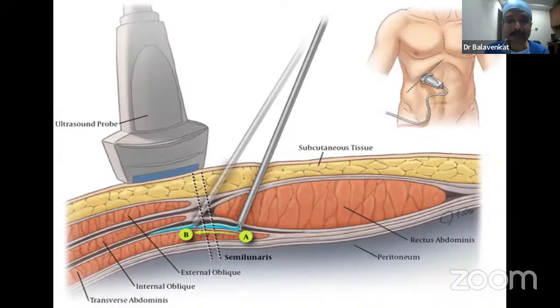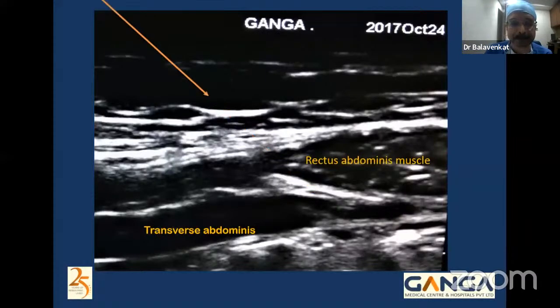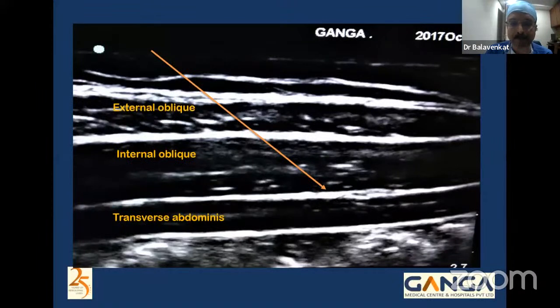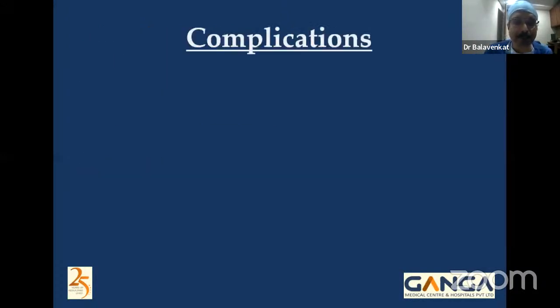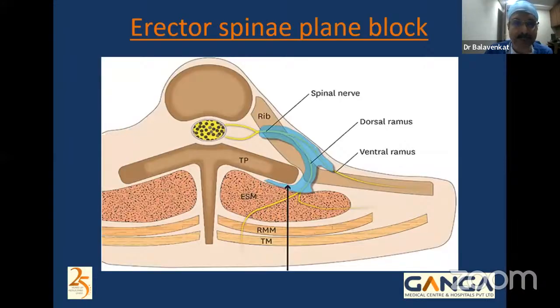So there are two types of subcostal TAP that can be deposited. So that's about the drug volume, which I already dealt with.